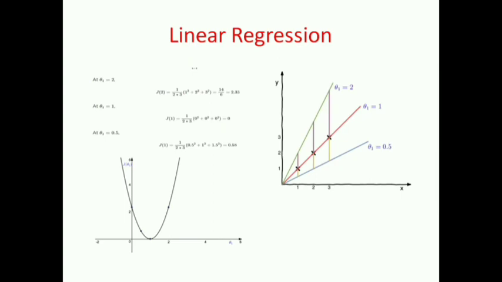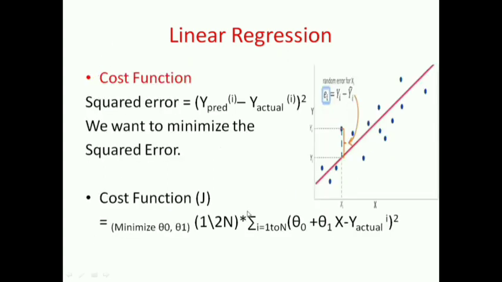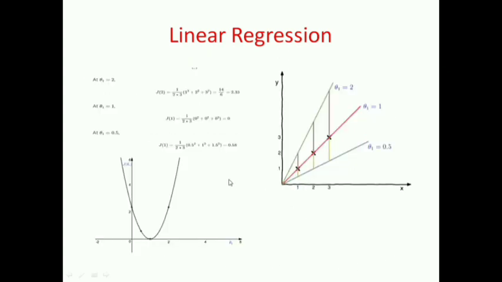For simplicity, suppose initially we take theta naught equal to 0, and we try different values of theta 1 to find which one gives the minimum value. Say we took theta 1 equal to 2 and calculated the value of the cost function J using this theta 1, and the value comes to be 2.33.